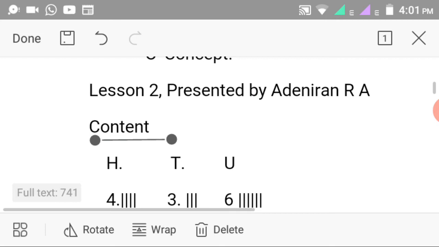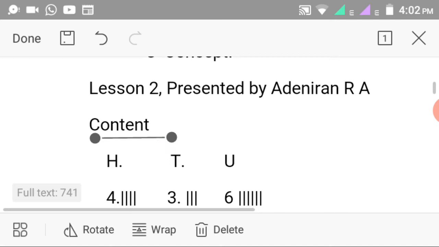You know that we've treated tens and units, but this week we'll be treating hundred, tens, and units with 0 concepts. We are going to work on addition and subtraction.